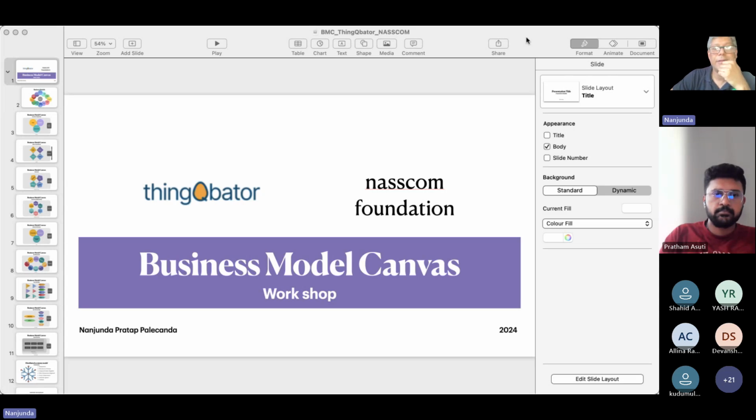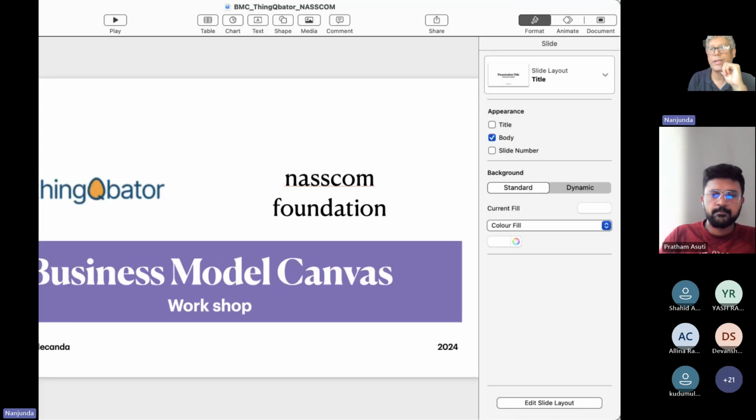That's wonderful. This is going to be a little different from the lean business canvas, and I felt the need to make a little bit of changes.